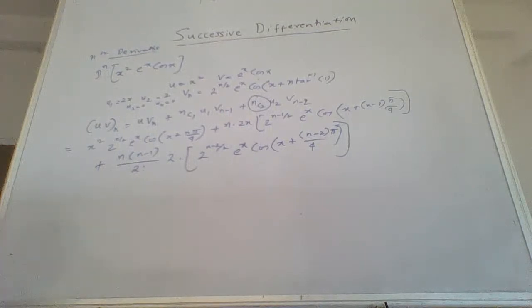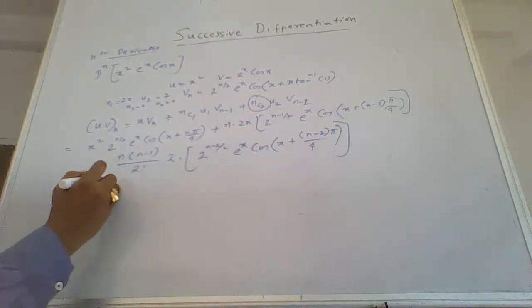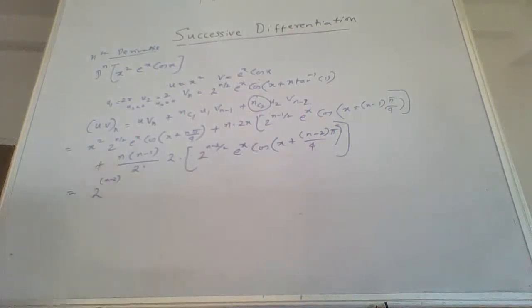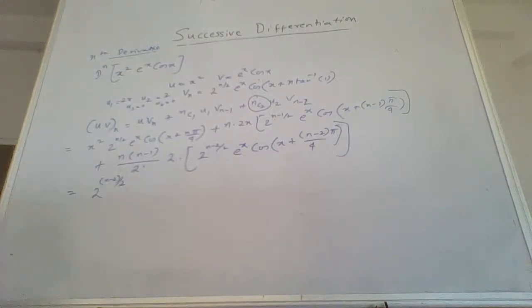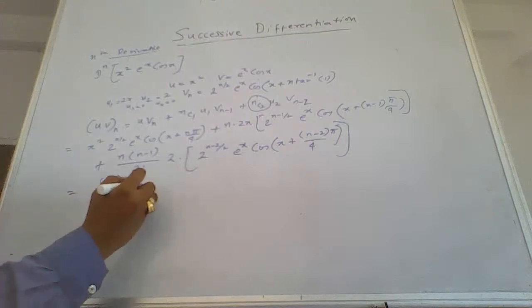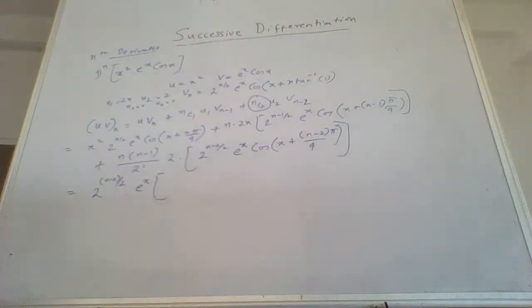Let me take the common terms and simplify further: 2 to the power of n minus 2 divided by 2 and e to the power of x, which is common.